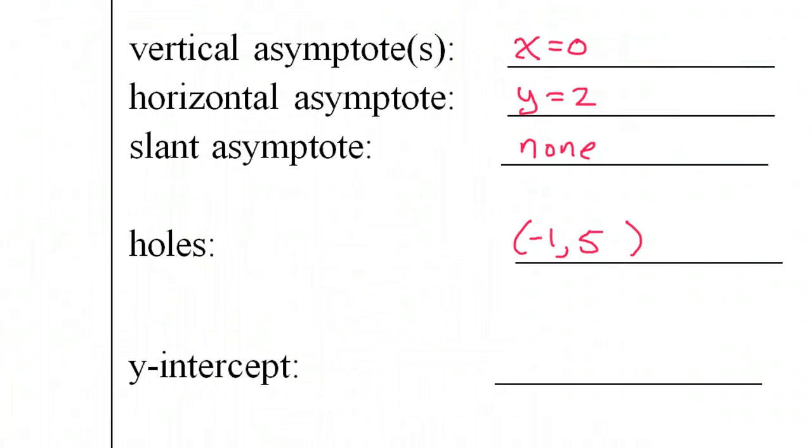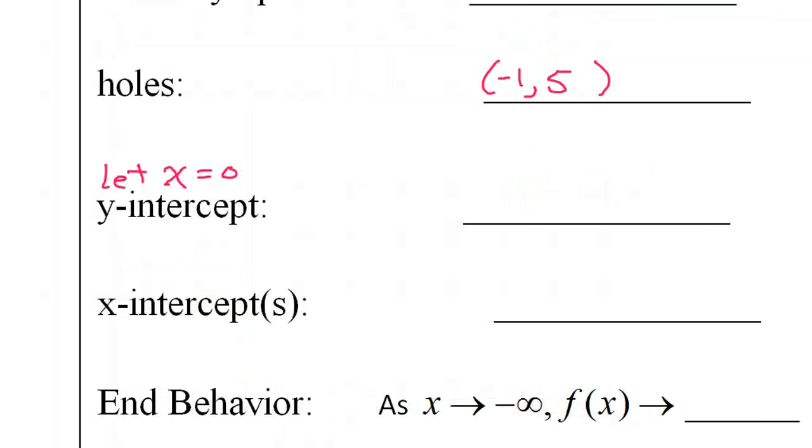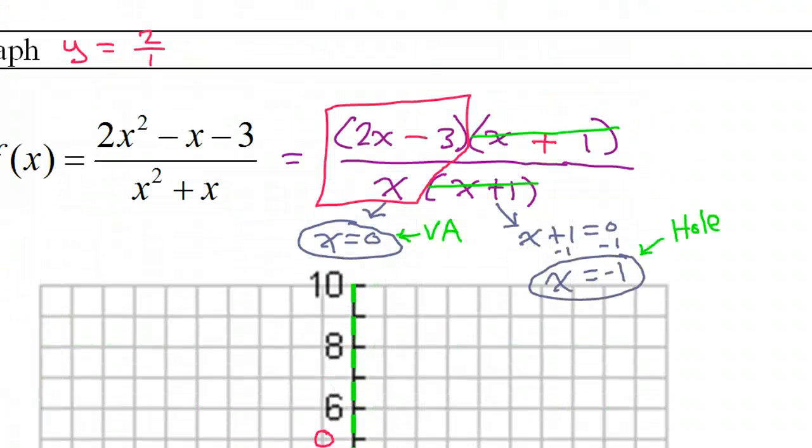Okay, so let's find the y-intercept next. If I want the y-intercept, then what I do is I let x equal 0. Now I have to be very careful with 0 though, because if I let x equal 0, we should probably use this version of the function right here.